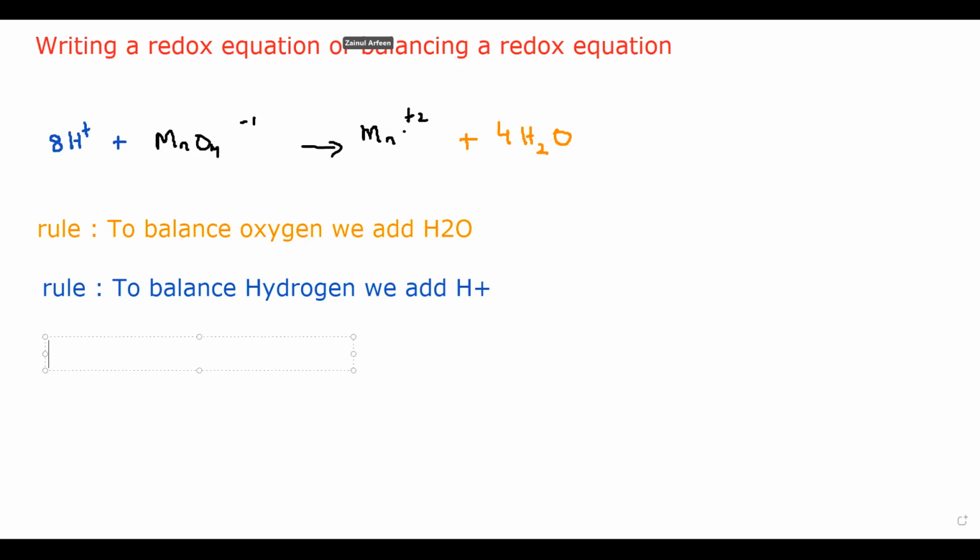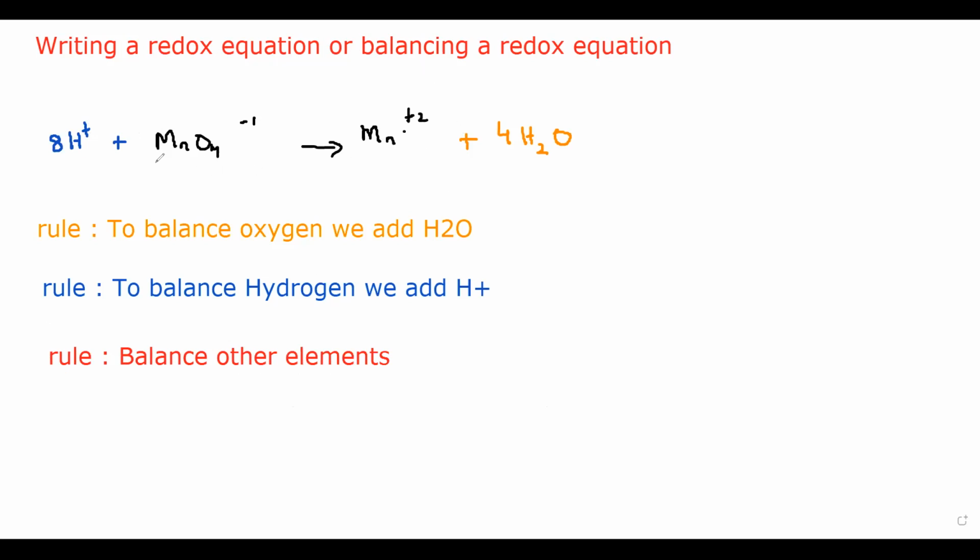Then rule 3 is to balance the other elements which are present here. Which element is present? We have Mn on the left hand side and Mn on the right.